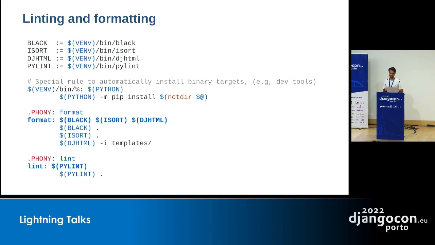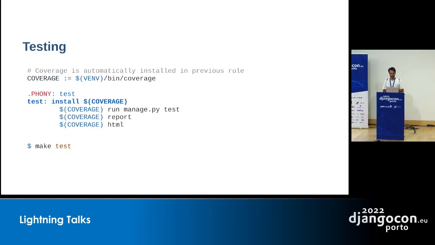For example, for linting and formatting, we probably use black, isort, DJ.html, which was shown yesterday, I think. And with this rule, we can automatically install all of that stuff. I don't know why this is useful. It's just curiosity. Don't really use this, as it is not quite clear.